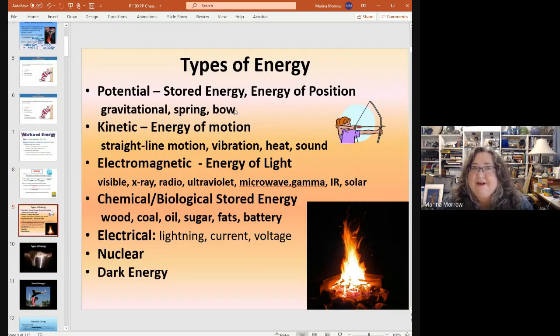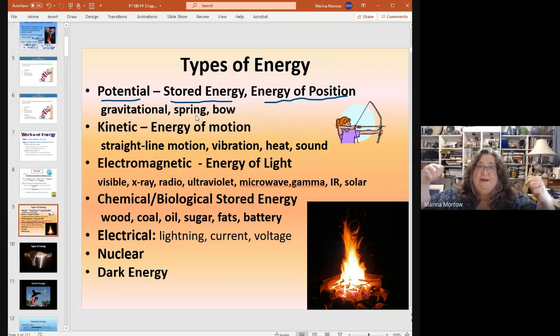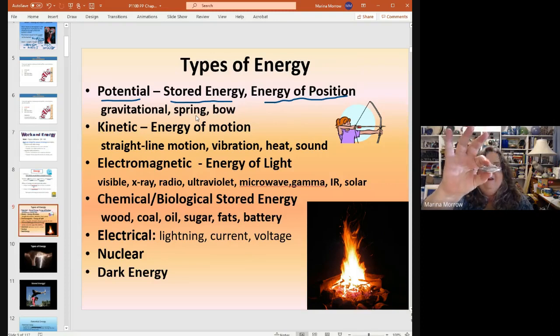Okay, so here's some types of energy. What we call potential energy is a type of stored energy. So it's also sort of an energy of position. When you are pulling on a spring, you are storing energy in it. So here's a little spring coil. And by squishing it, I'm putting energy into it.